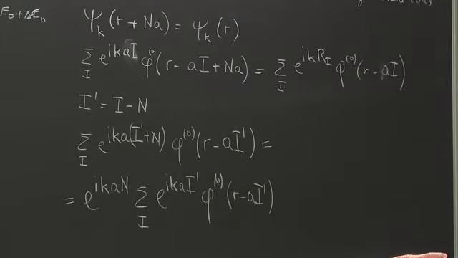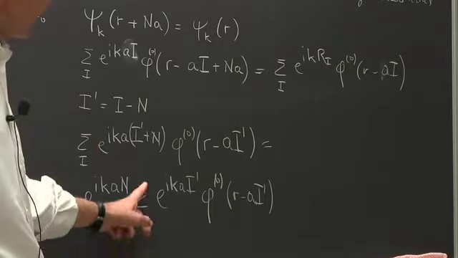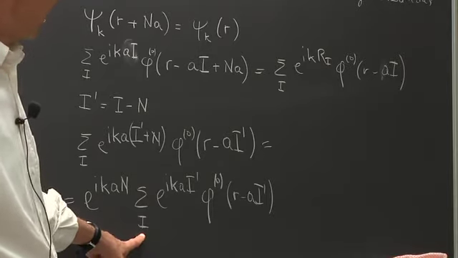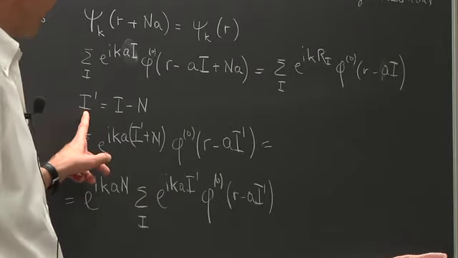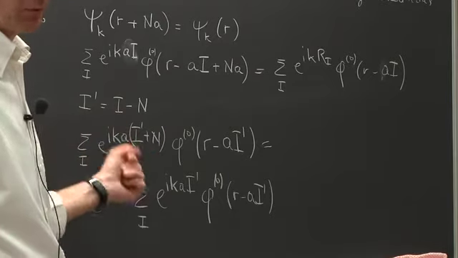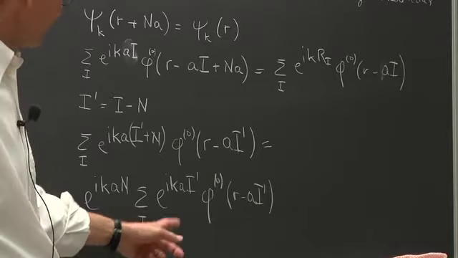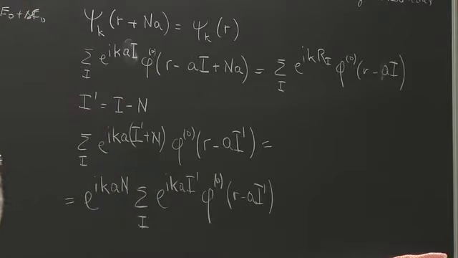Okay? But whether I sum over i from minus infinity to plus infinity, or I sum over i prime, which also goes from minus infinity to plus infinity, it's the same. I'm just changing the index over which I'm summing from minus infinity to plus infinity.